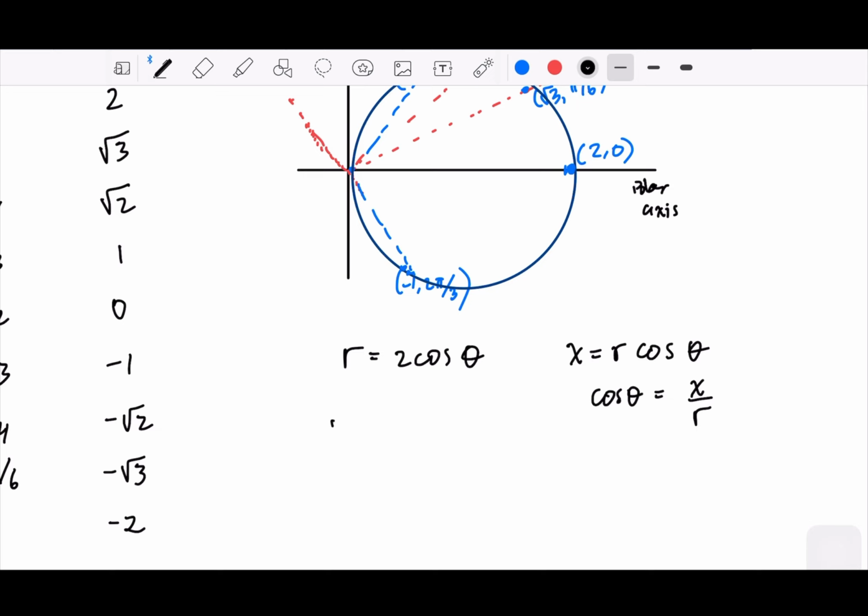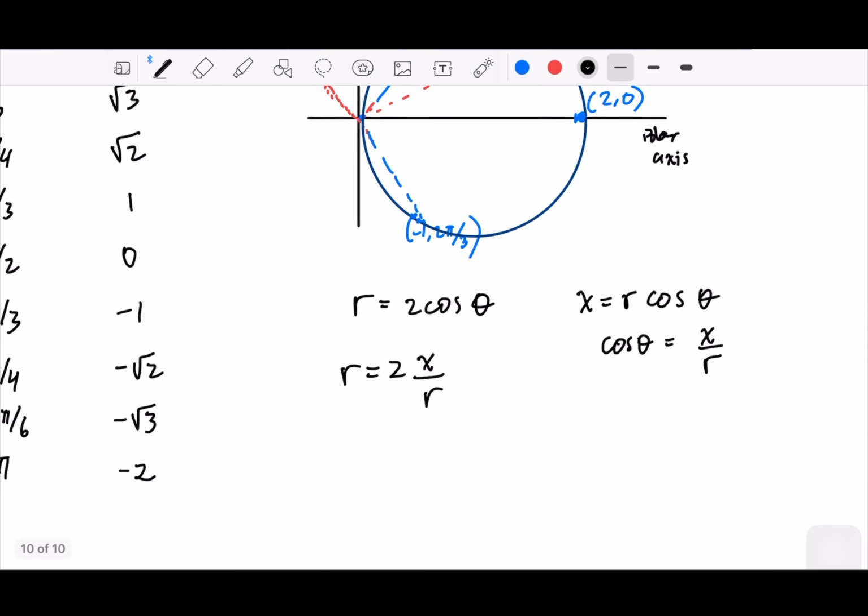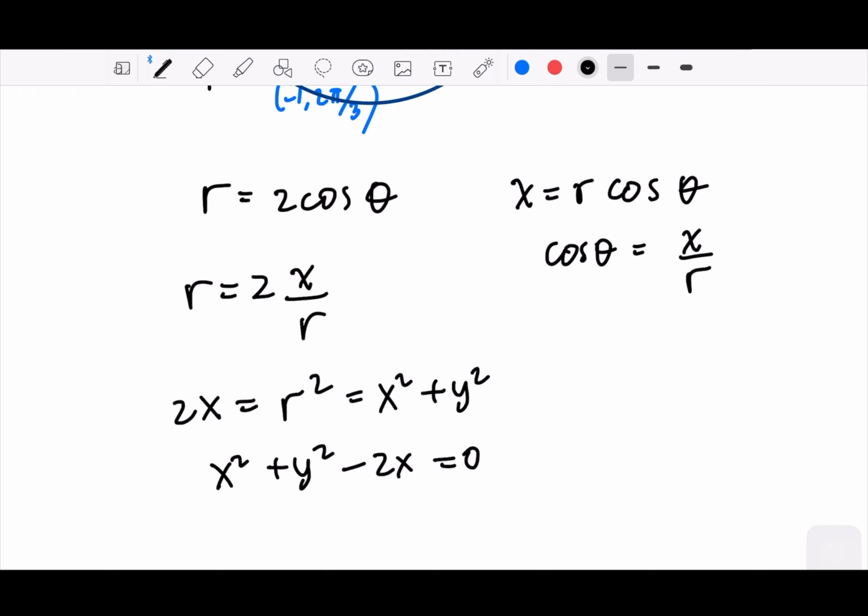So we will have r equals 2x over r, or we can write it like this, and we can simplify this into a circle equation, and we know the center, right?